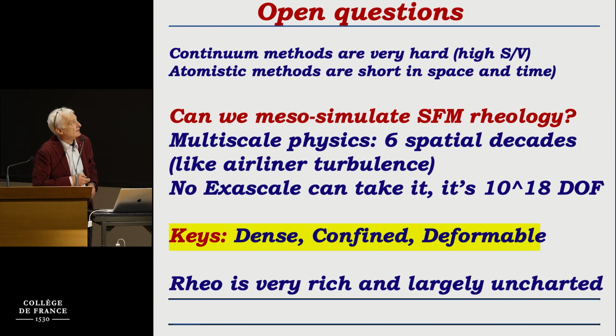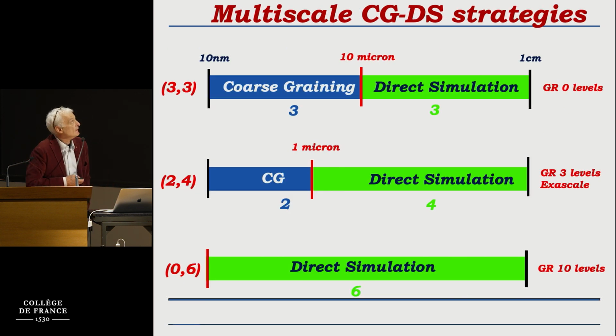Honestly, these are 6 space decades, and there is no way you can describe 6 decades with a single method or a single code, unless you torture yourself with very aggressive grid refinement techniques, but this is a big pain in the neck. So the question was, again, how do we take into account these complexities over a spectrum covering 6 decades?